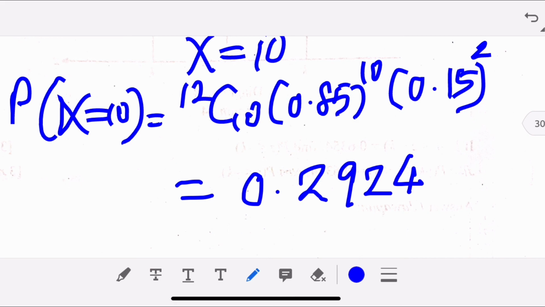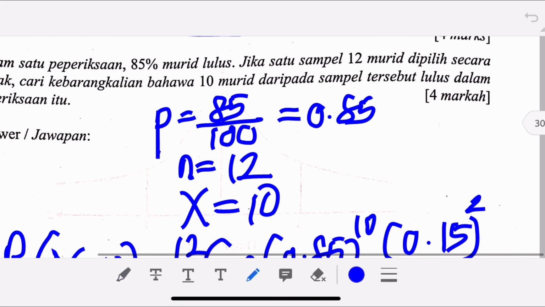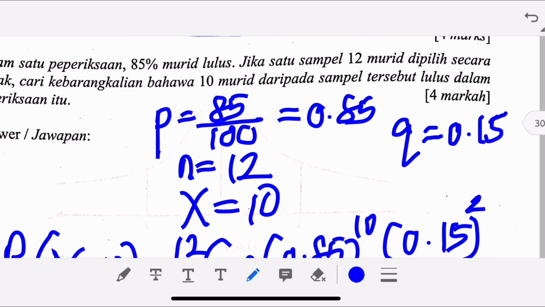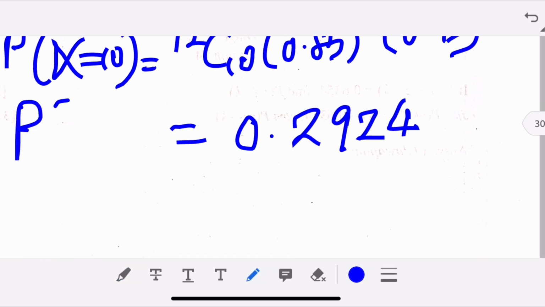Remember that p is given, and you can find q easily by taking 1 minus 0.85. So this is the answer for the probability of x equal to 10.